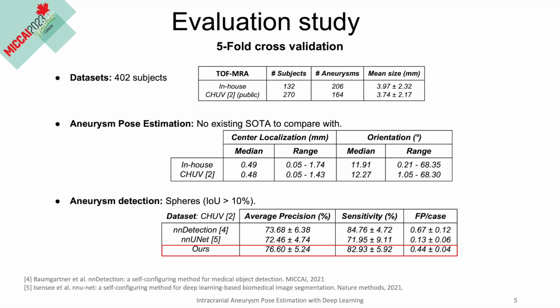To evaluate the effectiveness of our proposed method, we conducted a five-fold cross-validation study using two large datasets, including the CHUV public dataset. For pose estimation, given the absence of existing state-of-the-art baselines, we executed the experiments on the two datasets. Localization error is measured by the Euclidean distance to the corresponding ground truth center, while the orientation error is measured using cosine similarity between the orientation vectors.